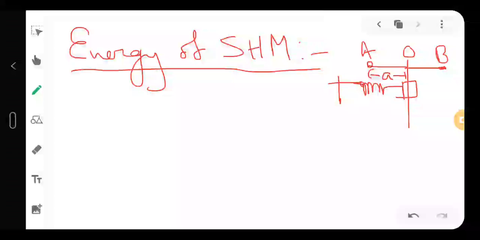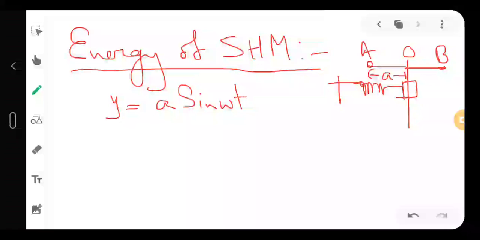Now what is amplitude? Amplitude is the maximum extent, or you can say the maximum displacement, that the bob can cover. So if this is the scenario, then for any certain time t we can write the displacement as a, the amplitude, times sine omega t, that we have seen in our last class.